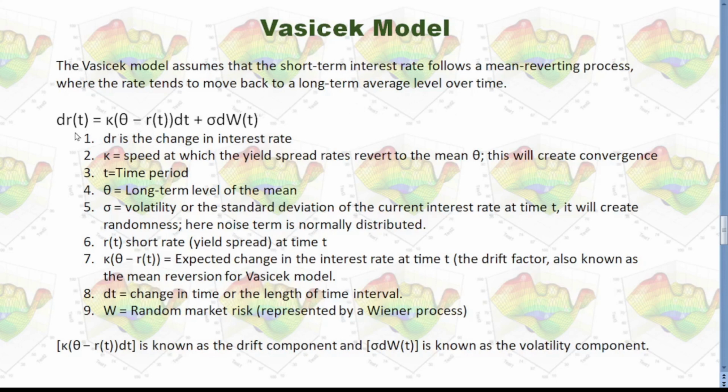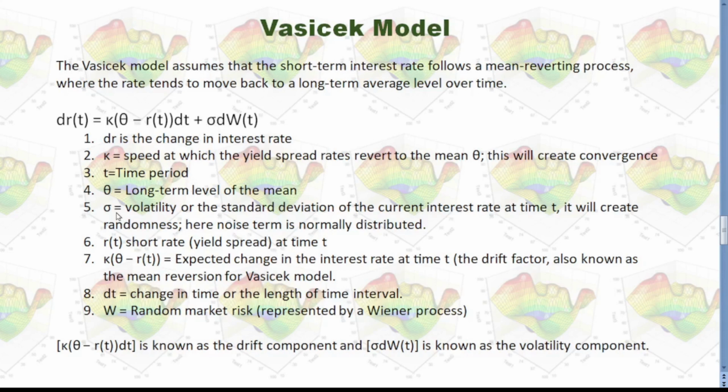This is the formula of the Vasicek model. dr is the change in interest rate, and kappa is the speed at which the yield spread rates revert to the mean theta. So theta is the long-term level of the mean. And of course t is the time period.